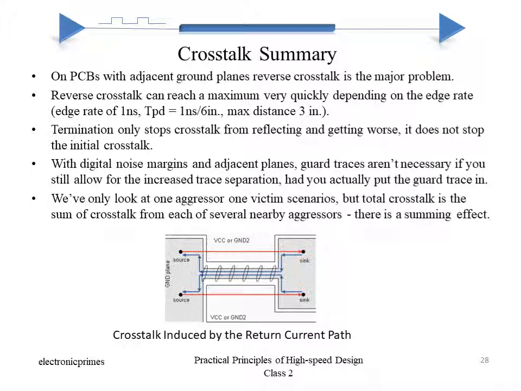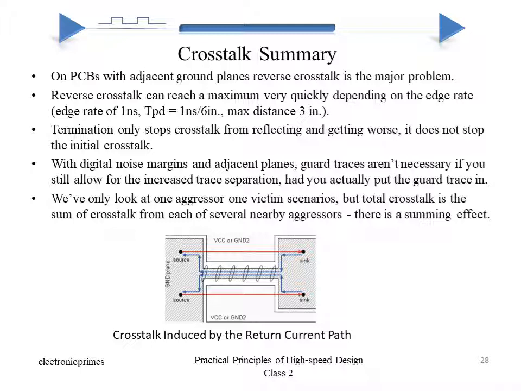Reverse crosstalk can reach a maximum very quickly depending on the edge rate. For an edge rate of, say, 1 nanosecond with a propagation delay of 1 nanosecond per 6 inches, the maximum distance is 3 inches. Terminations only stop crosstalk from reflecting and getting worse. They do not stop the initial crosstalk by themselves.